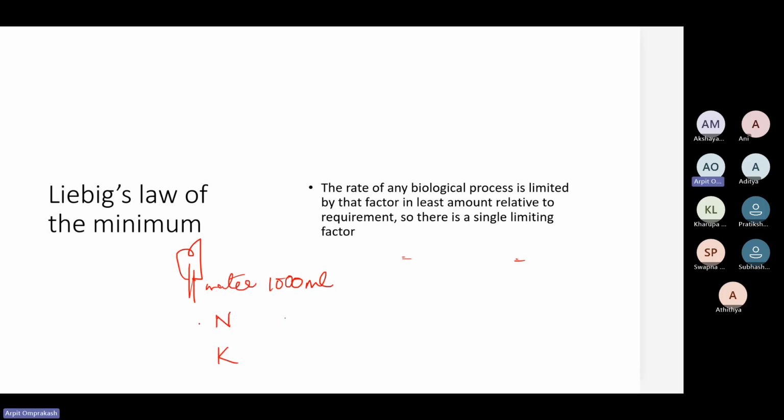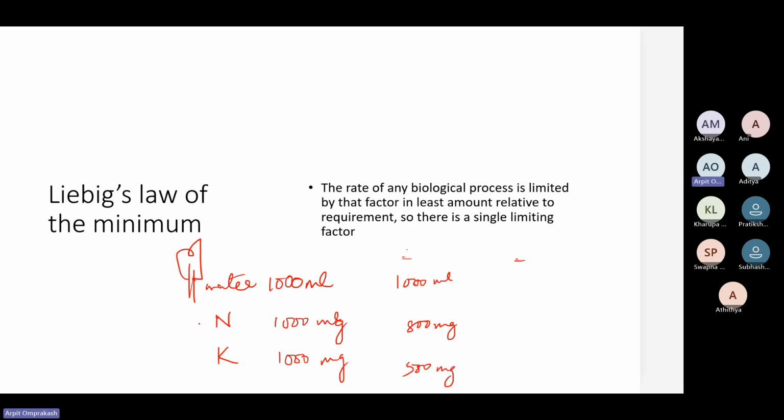Let's say it needs 1,000 mg of nitrogen and 1,000 mg of phosphorus. And in one area where you are planting the plant, you have 1,000 ml of water available per day, 800 milligrams of nitrogen available and 500 milligrams of potassium available.